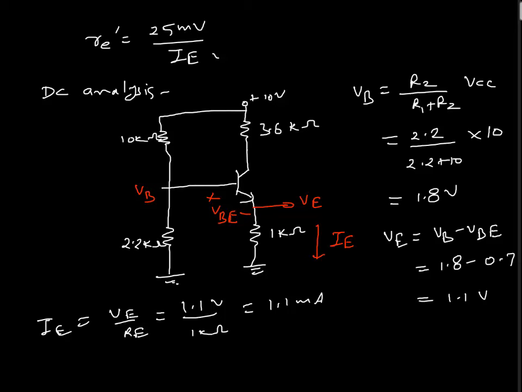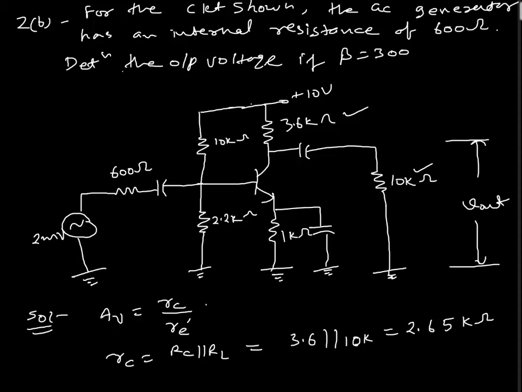So RE prime is 25 millivolt by 1.1 milliampere. If we solve this, we'll get 22.7 ohm.